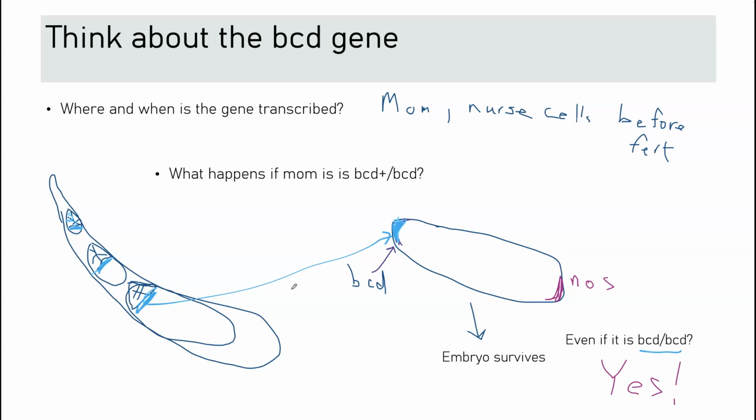Maybe the crosses I showed, with females of this genotype and that genotype, were the confusing thing. If we think about it specifically in terms of the bicoid gene or the nanos gene or caudal, and there are lots more that mom has to put into the egg properly in order for the embryo to be properly patterned, and she fails to do that, it doesn't matter if the embryo has a normal genotype or not. It's kind of screwed, because she hasn't set up the pattern the way it's supposed to be.